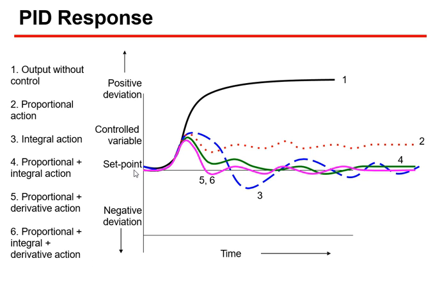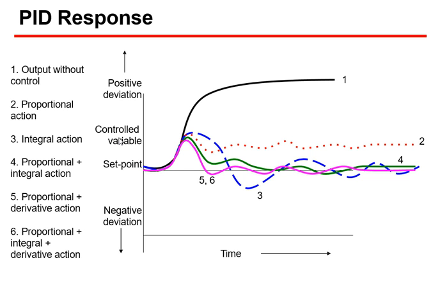Okay, so this is your set point, and this is the control variable, this is the positive deviation, and this is the negative deviation with respect to time. Then see these different numbers, and it is given over here. Then you will understand the actual way of its control.